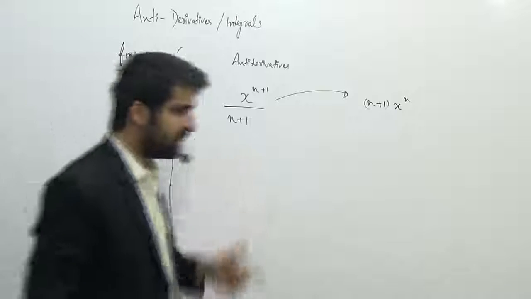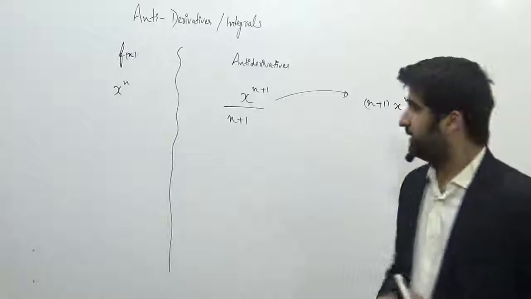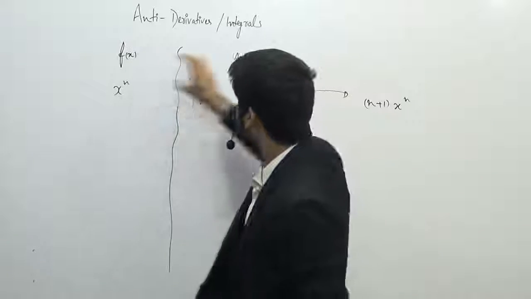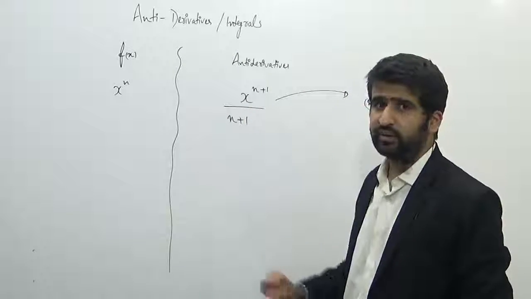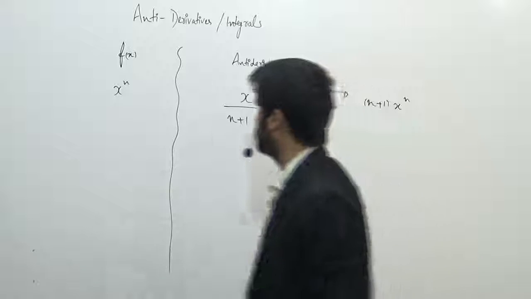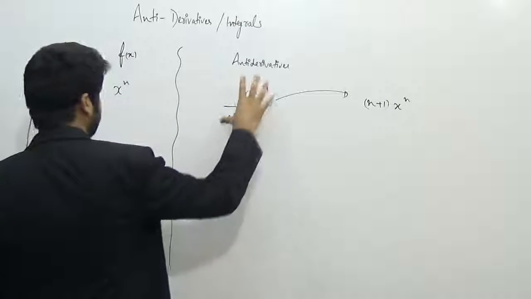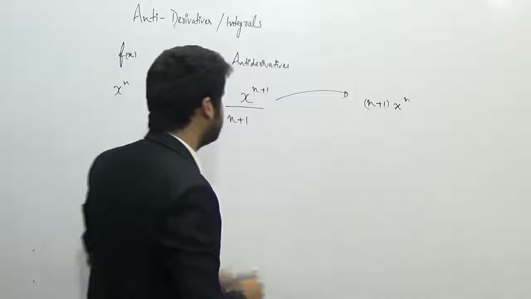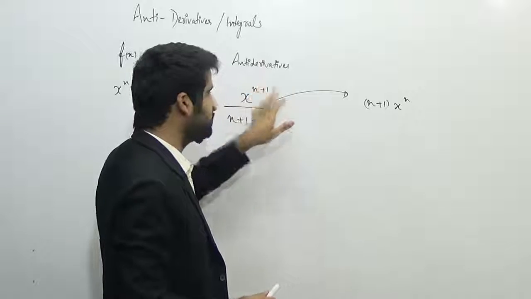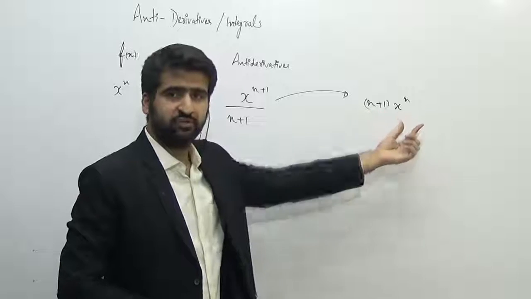If you're not able to understand, I'll repeat once again that in case of antiderivative, I know that the power will increase by 1 or the exponent will increase by 1, so it will be x to the power n plus 1. Now we know that the differentiation of this antiderivative will give me the original function. Now you see the differentiation of x to the power n plus 1 will be n plus 1 times x to the power n.